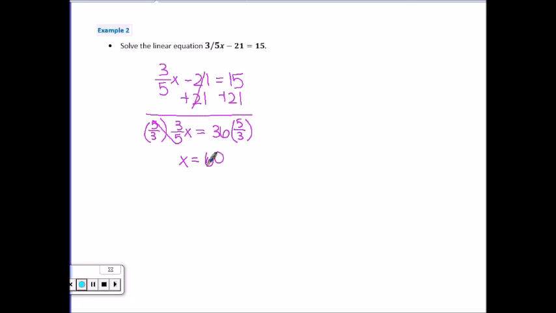Now, we got our x to equal 60, but how do we know this actually works? The easiest way to figure out if this is the answer to the linear equation is we're going to plug it back in. So let's rewrite our equation. And this time we're going to plug in 60 for x.